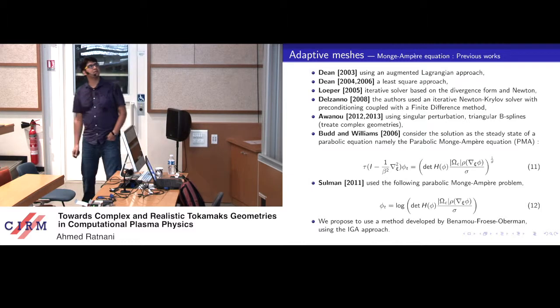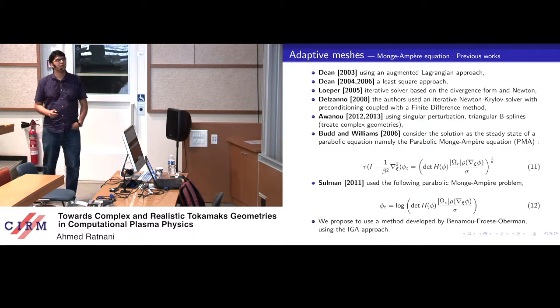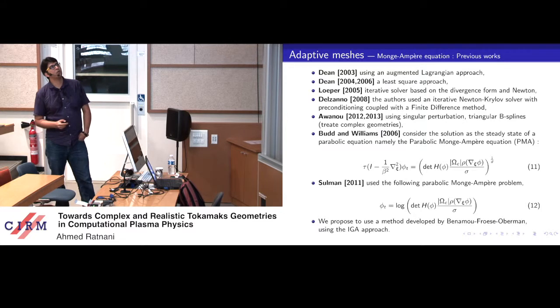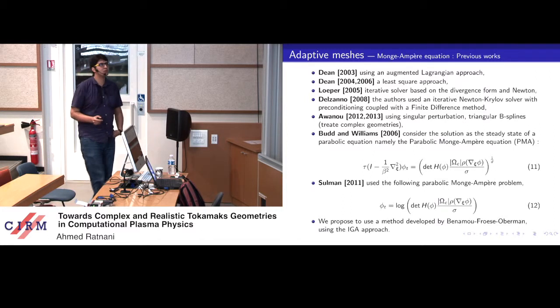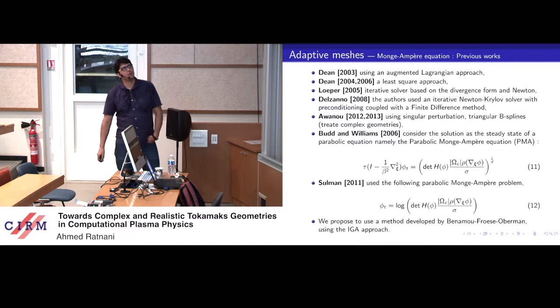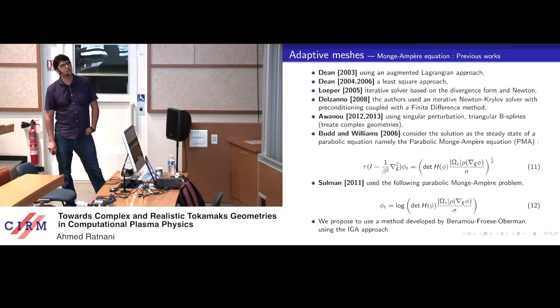A huge literature has been done, especially by Dean. Our work was motivated by the one by Delzano. They use an iterative Newton-Krylov solver with preconditioning and finite difference, and you'll see that in our case it's very different.